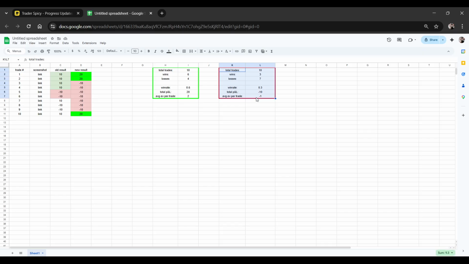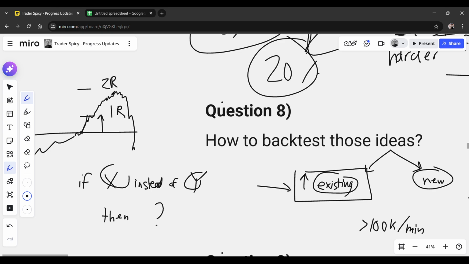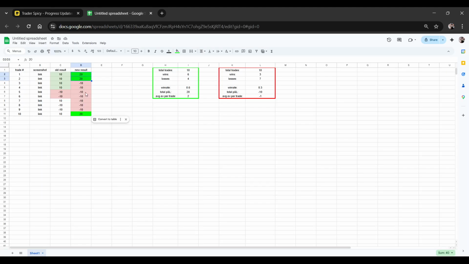Now, with this new way of trading, with this idea, sure, on a couple of trades I would have won more. Yes, in these isolated instances, in these one-offs, I would have made double the amount of profit. But overall, I would be losing money because there are a few instances here where price just never extended to that 2R point.